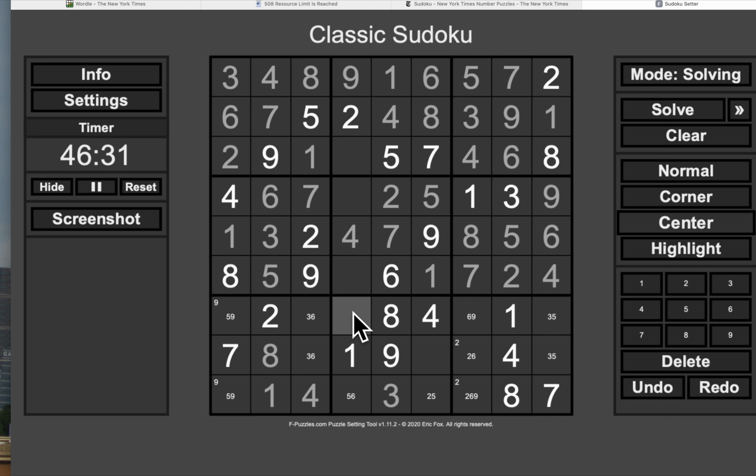Let's see. 1, 2, 4, 8, 9. 6 or 7. 1, 2, 4, 8, 9 tells me that this is 2, 5, 6, or 7.